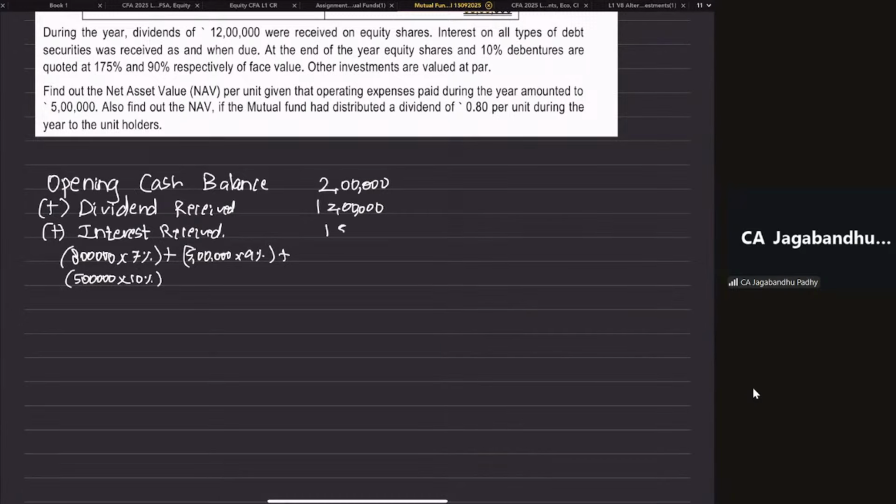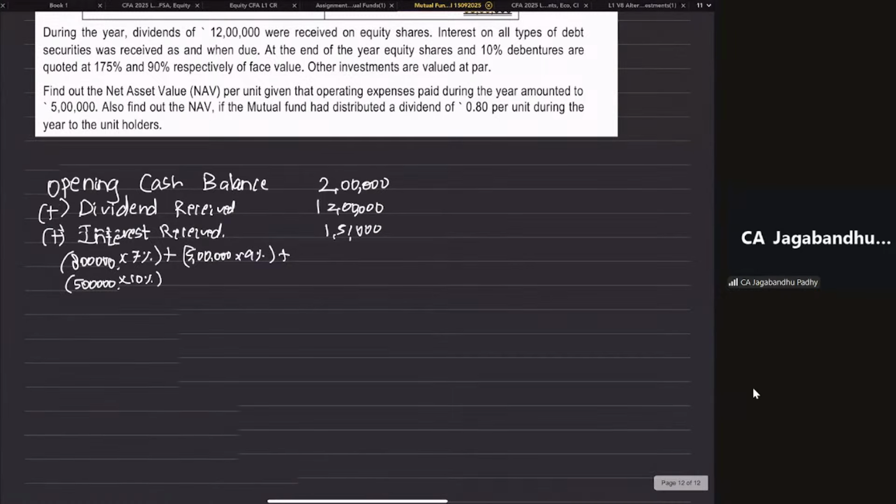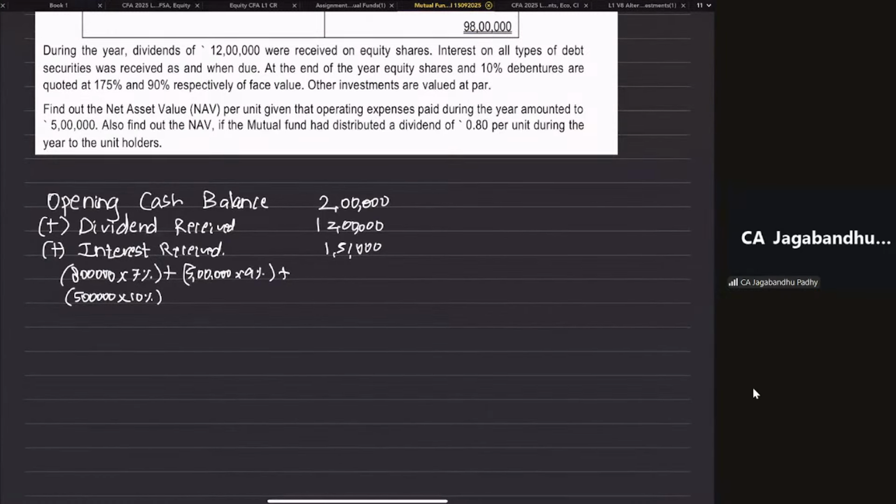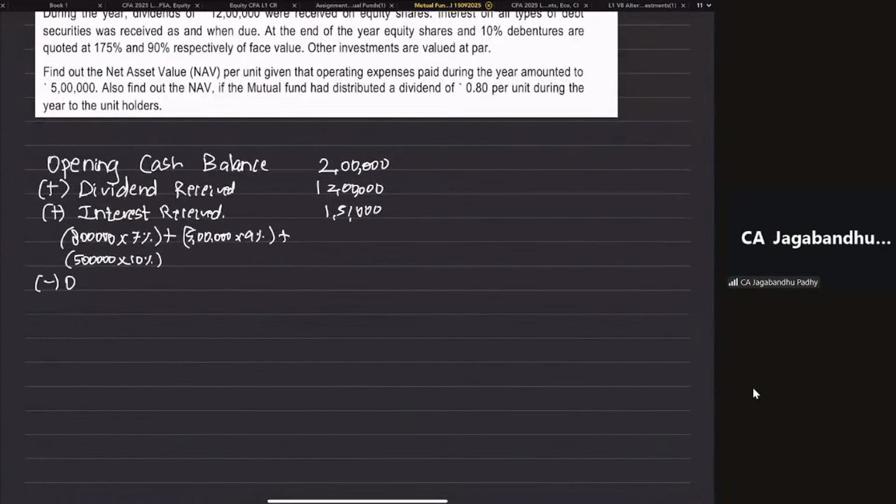So interest that you received is 1,51,000. From that, you have also paid operating expense of 5 lakh. So less operating expense of 5 lakh was also paid out.